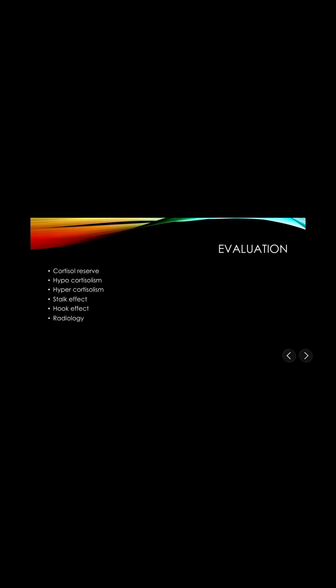After you have determined that there is actually adrenal insufficiency, you have to do the screening tests. In the screening tests, you can do, one is the 8 a.m. cortisol. Again, it will tell you about whether the patient has hypocortisolism or not.